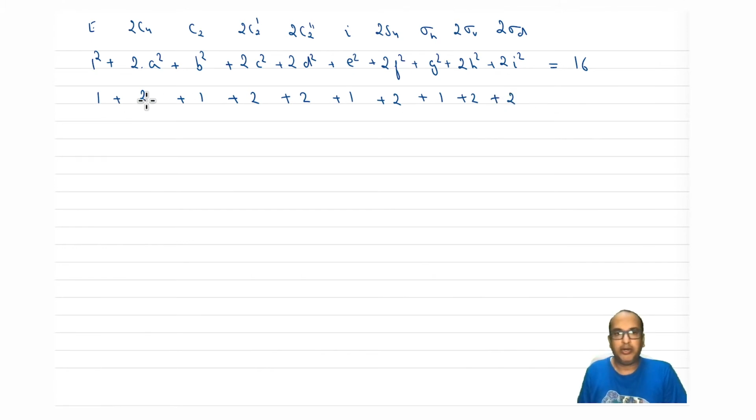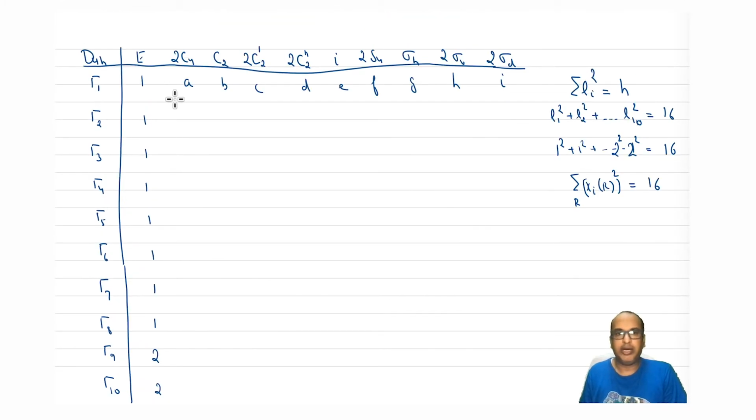So I get 1, 2, 3, 4, 5, 6, 7, 8, 9, 10, 11, 12, 13, 14, 15, 16. So I do get 16. So that means one of the solutions is that all of them can be 1, right? So I will just erase this and substitute it with 1. All ones is one of the solutions.